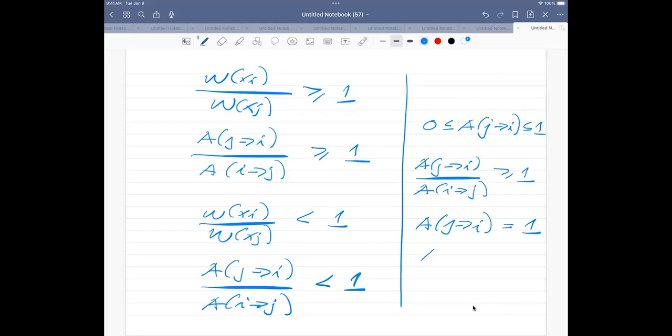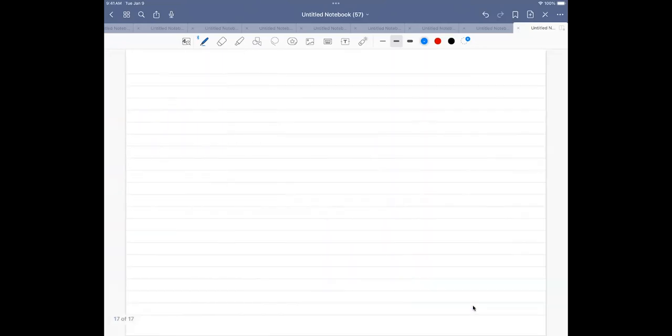And in the other case, you have A(J goes to I), and in that case, we know that it's actually this one. And this is smaller than 1. Then we just put this one to 1. And that leads to the following, that A(J goes to I) is equal to the minimum of 1 and the ratio between the probabilities.